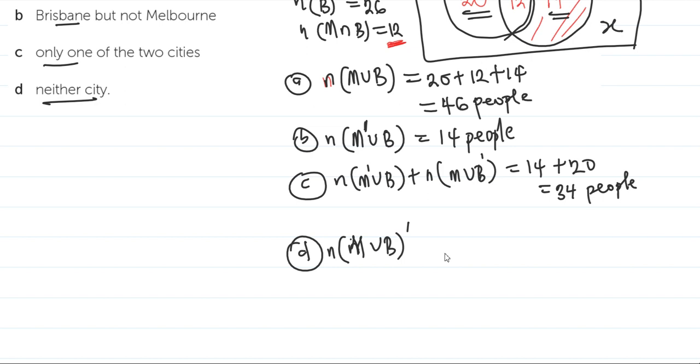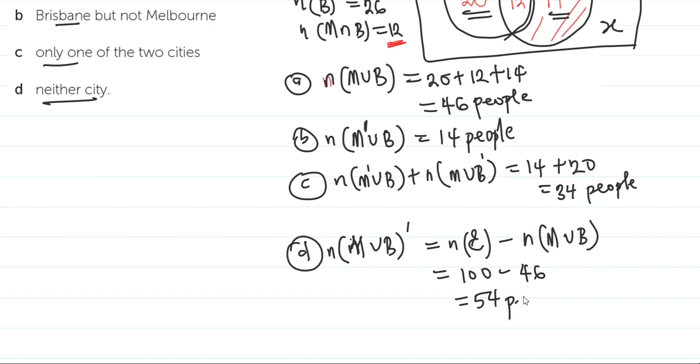We are complementing that, so we get that from the universal set. The universal set is 100 minus Melbourne or Brisbane, which is 46. So this will be 54 people.